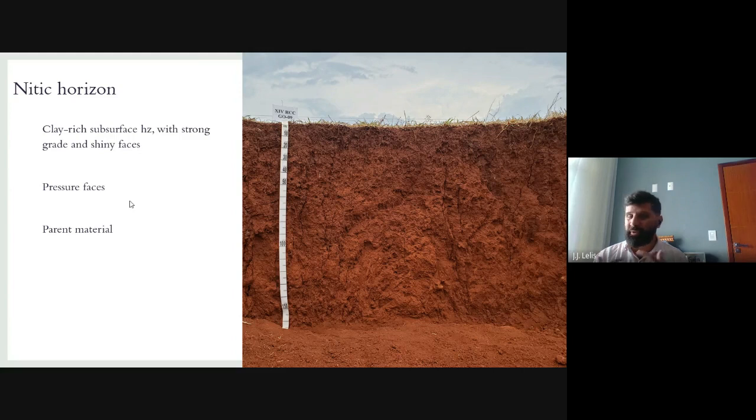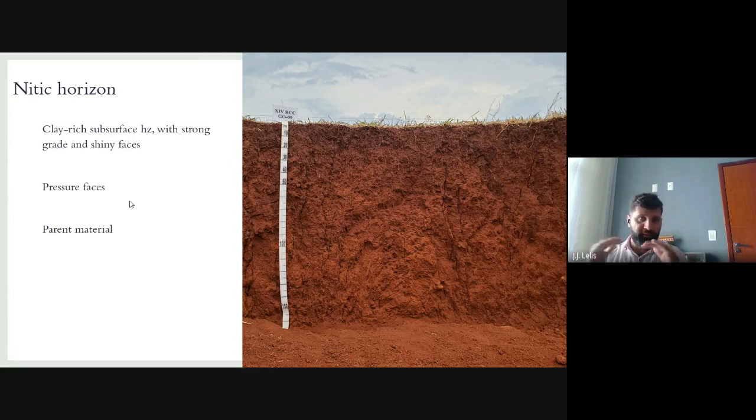Okay, so you can't find a nitic horizon in a soil formed from the weathering of a sandstone, a quartzite, or a banded iron formation. It's not common to see that because these materials have a lot of quartz, a lot of sand, and will produce sandy soils, and we can't see the nitic horizon in these cases because the nitic horizon should be related to a soil that possesses a lot of clayey material.